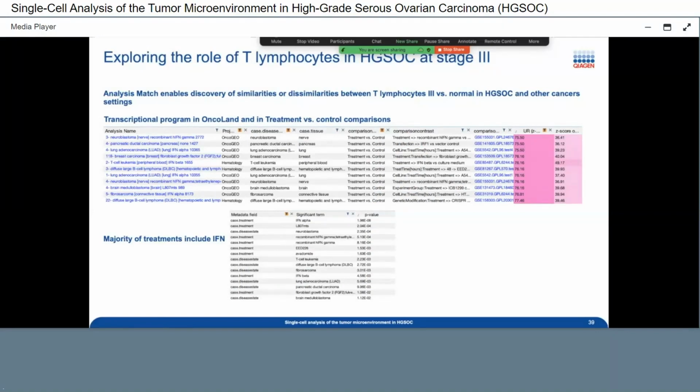So my question is, when I have that T lymphocyte stage 3 versus normal in high-grade serous ovarian carcinoma, I would like to know if there are any similarities or dissimilarities to that particular comparison in other cancer. That's what I've selected. So I selected the oncolon, which includes all comparison expression in oncology, colon, and I look at treatment versus control.